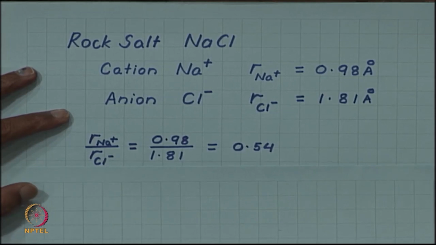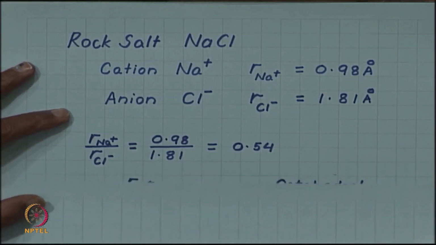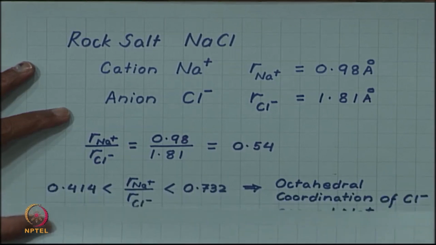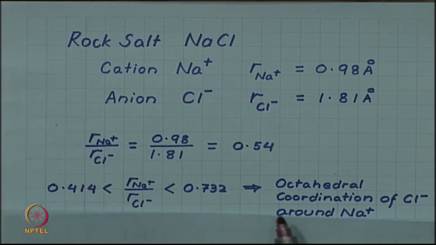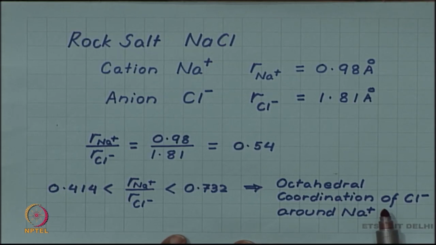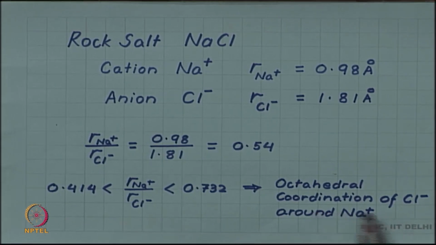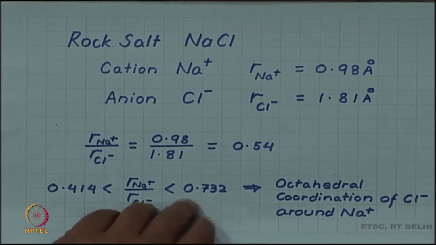Now, if we compare it with the table given previously, we find that this radius ratio fits between 0.414 and 0.732. So, this implies that there will be an octahedral coordination of chloride ions around sodium plus. Octahedral coordination means there will be 6 chloride ions around a single sodium ion.